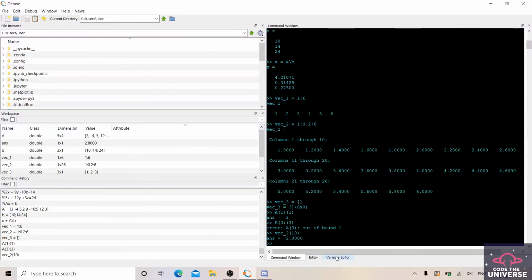Now let's actually proceed to some operations. Here's how you do addition. Addition of matrices, element-wise addition, is very simple.